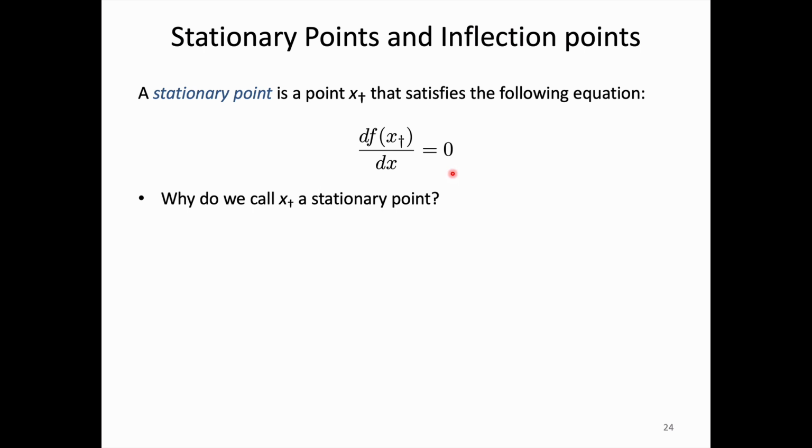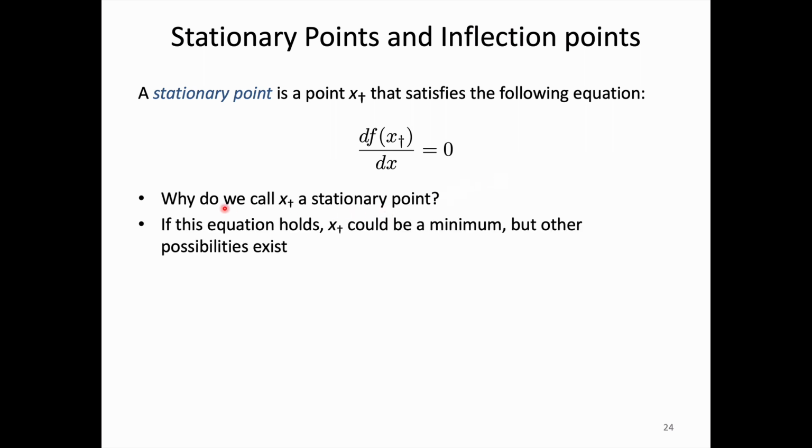And if you have, say, a ball that is placed on a surface right at a point where the tangent line is horizontal, then that's a stationary point because the ball's not going to move. It could be a stable or an unstable stationary point. If it is actually at a minimum, then that's a stable stationary point.